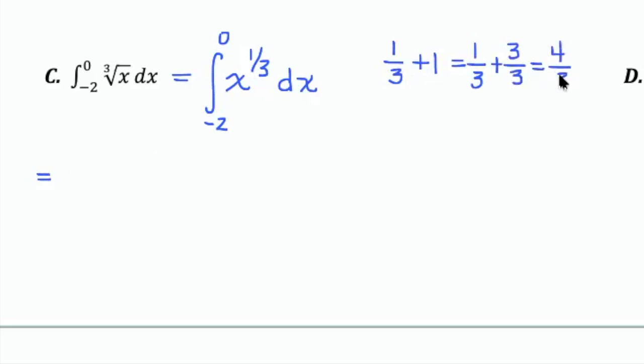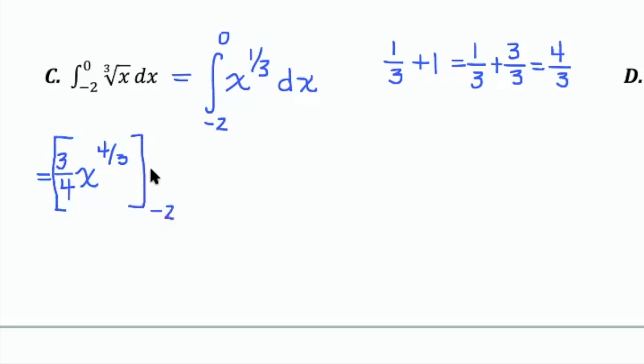So my new exponent should be 4/3. So it's going to be x to the 4/3 power. And again, instead of dividing by 4/3, I'm going to automatically write that as being multiplied by the reciprocal 3/4. So that's my antiderivative.